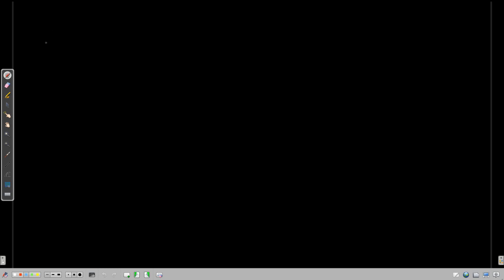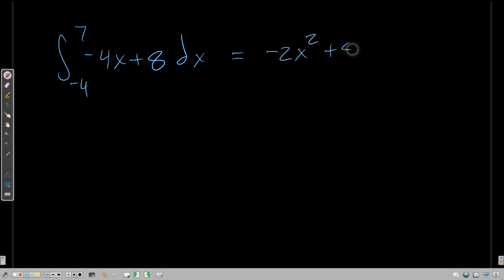You can just say the integral from minus 4 to 7 of minus 4x plus 8. So it's minus 4 over 2 x squared plus 8x, and it's evaluated between minus 4 and 7.